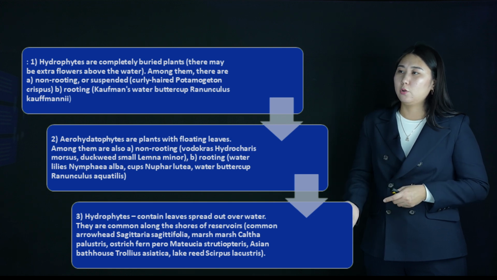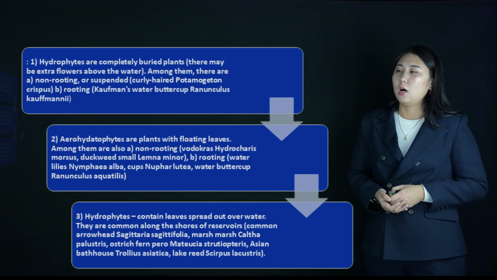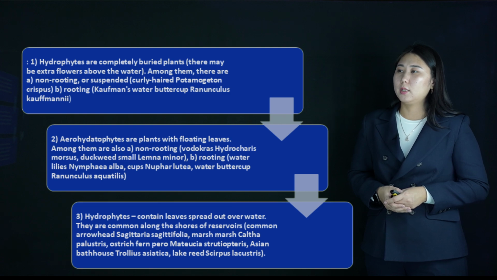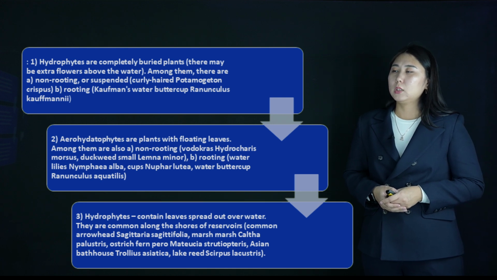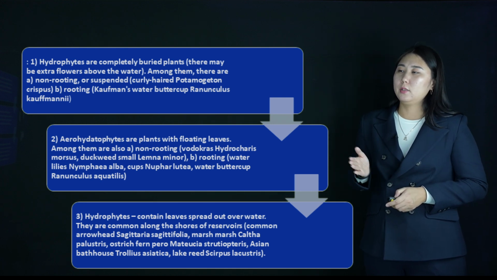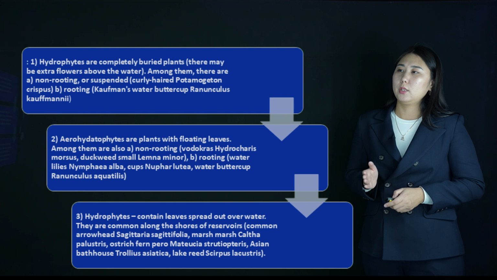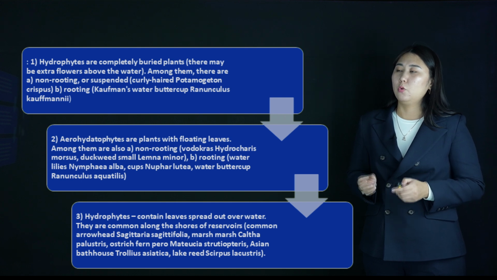And the hydrophytes contain leaves spread out over the water. They are common along the shores of reservoirs. So they are the other group of plants which includes the relation to water.